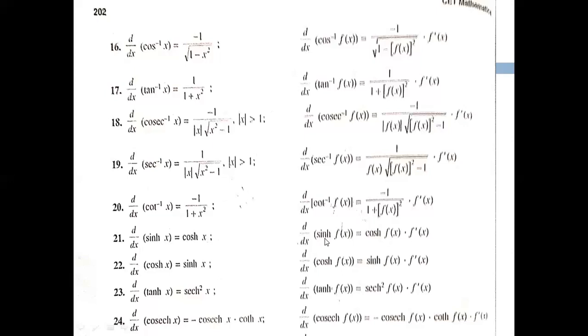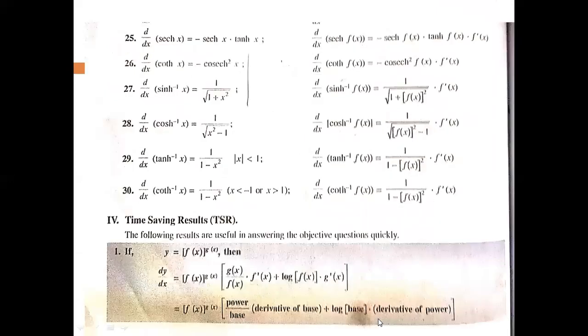So by chain rule, for function f of x, sin h f of x derivative is cos h f of x into f dash x. By chain rule, derivative of f of x is f dash x. Similarly, cos h of f of x, tan h of f of x and cosec h of f of x, the results will be like this. Derivative of secant hx is equal to minus secant hx into tan hx.